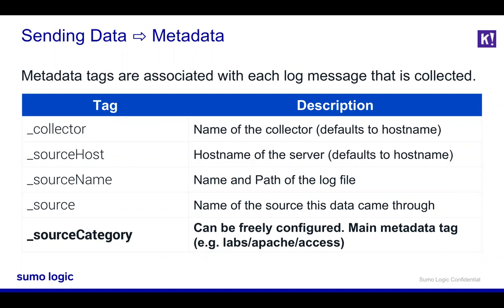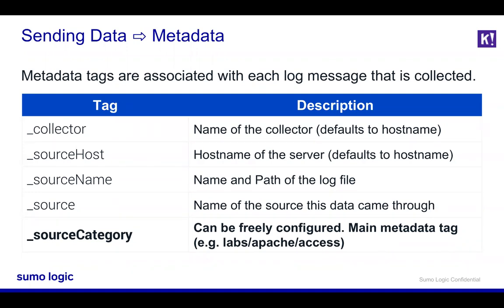Then _sourceName, the name and path of the log file. We have _source, the name of the source this data came through. These four are more or less hard-coded through the setup of the different collectors.